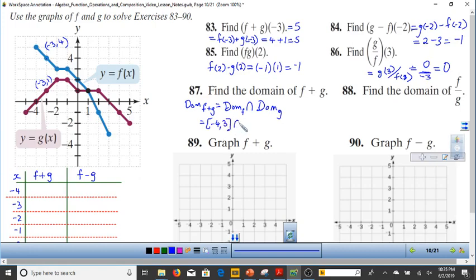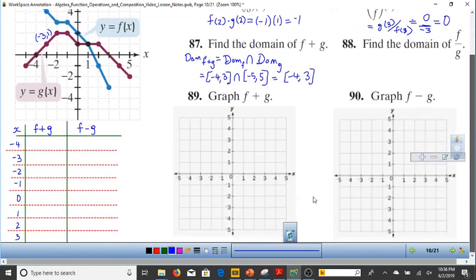We're going to see where that intersects with the domain of g, which starts at negative 5 and stops at positive 5. As you can see, the two functions start intersecting at negative 4 and stop intersecting at 3. So that's the overall domain of the combination. So when we're doing a combination of the two functions, we can only do from negative 4 to 3.